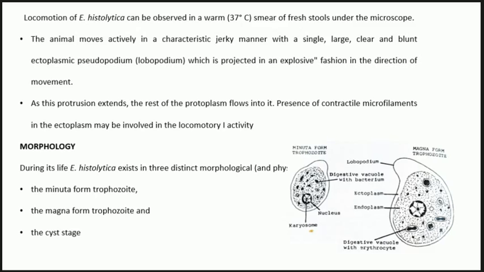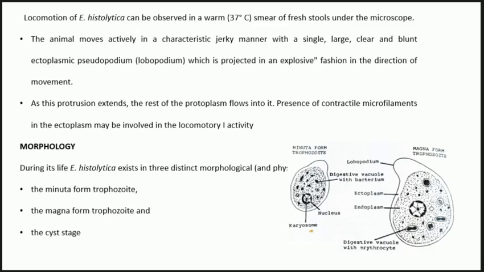This is the characteristic part of Entamoeba histolytica, as you can see in the diagram, the lobopodium, which is projected in an explosive fashion in the direction of the movement. It forms when the movement takes place.